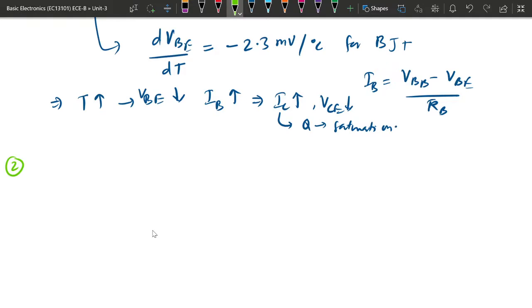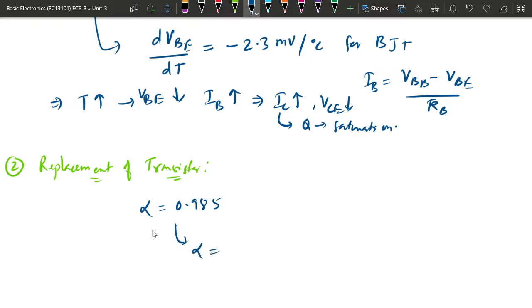Another parameter that is going to affect the temperature stability is the replacement of the transistor. That means if we replace the transistor, suppose a transistor has an alpha of 0.985, and we replace it with a transistor whose alpha is 0.98.